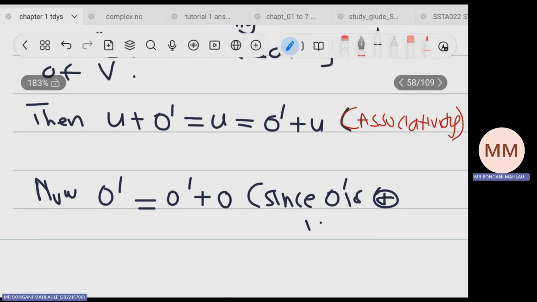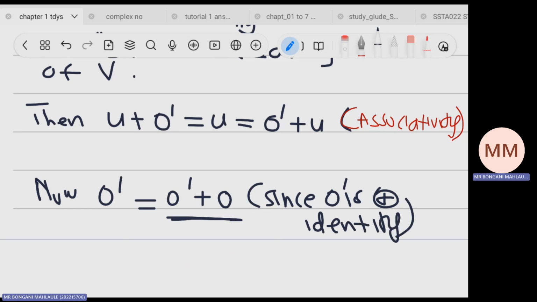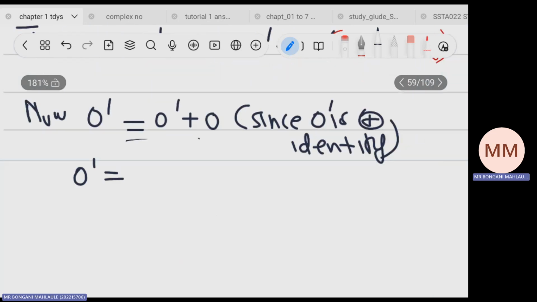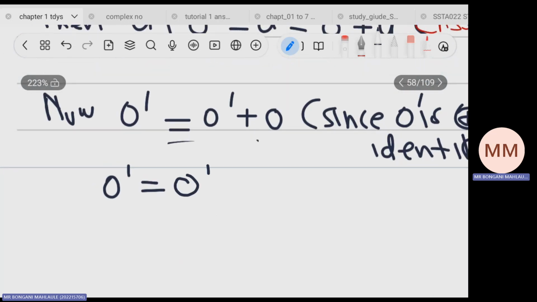So when you add an additive identity with 0, you must get that additive identity. That's what it means.